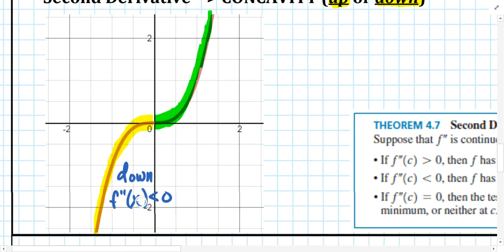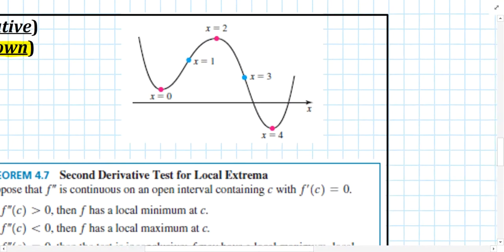The behavior of the second derivative implies the concavity of this function. And over here we would say the function is concave up, and that's because in this entire interval the second derivative is positive.